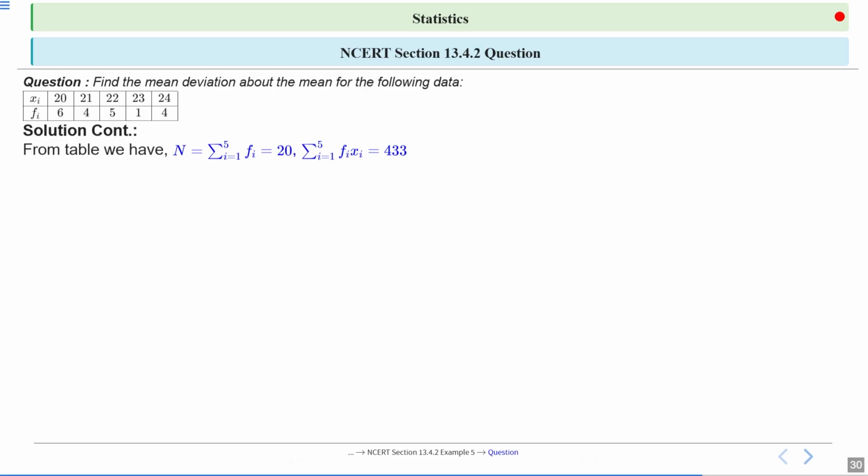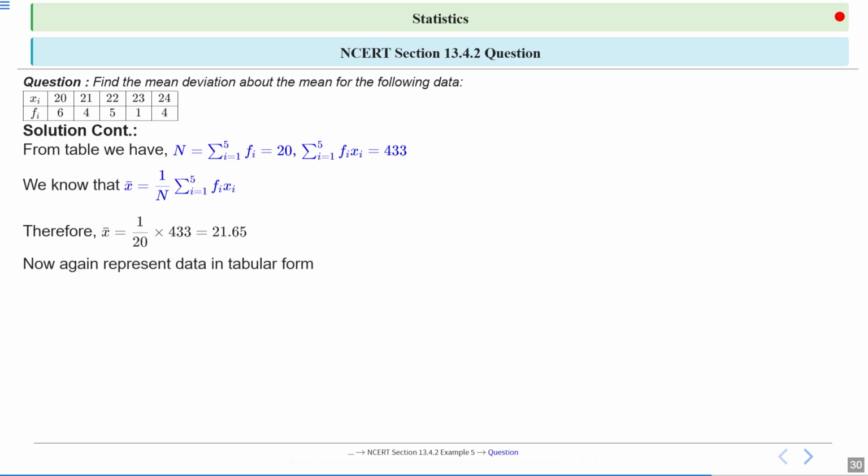So from table we have n equal to summation i equal to 1 to 5 f_i is equal to 20, and summation i equal to 1 to 5 f_i x_i is 433. And we know that x bar equal to 1 by n summation i equal to 1 to 5 f_i x_i. Therefore, x bar equal to 1 by 20 times 433, and this is equal to 21.65.